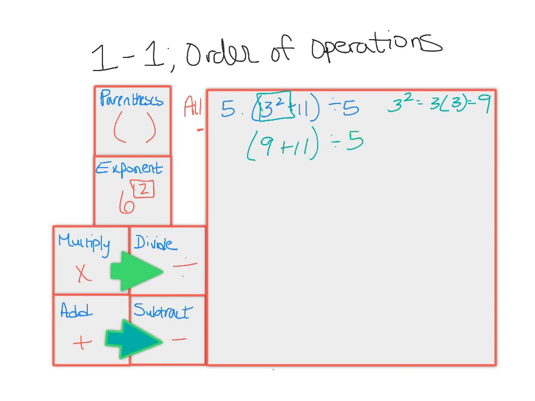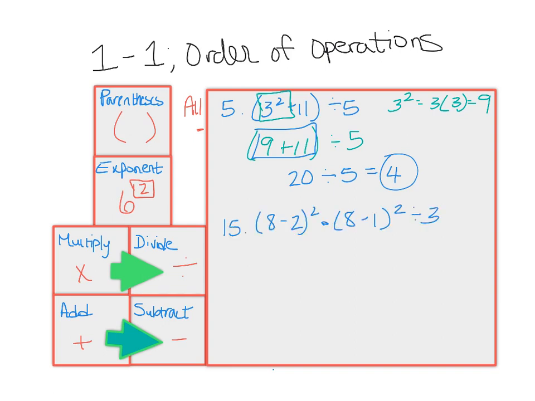And again, I didn't take those parentheses off because I still have stuff to do in the parentheses. So the next thing we're going to do is the only operation in the parentheses left, 9 plus 11, which is 20. Since that takes care of all operations in the parentheses, I can remove the parentheses. 20 divided by 5 is 4, and that is my answer.